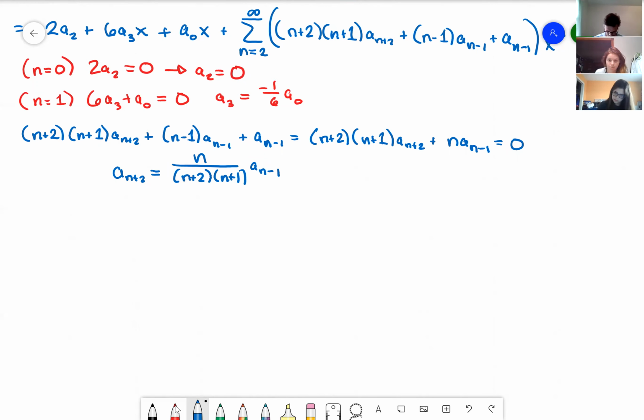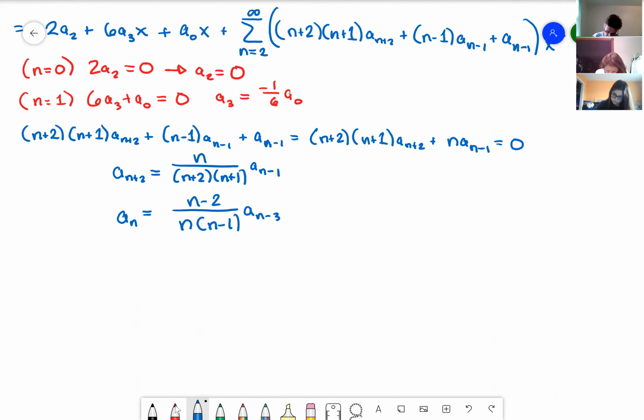And then the final step, for my convenience, I'm going to shift all of the indices down by 2 so that instead of starting at a_(n+2), I have a_n. That means I'm replacing all the n's with n minus 2. It becomes (n minus 2) over (n)(n minus 1) times a_(n-3).